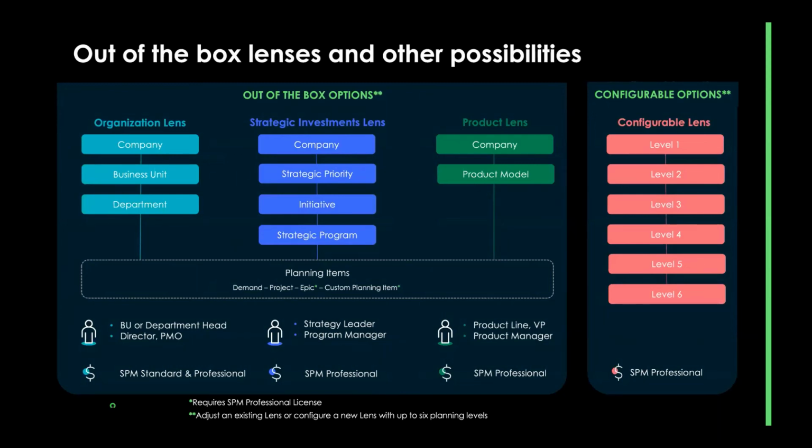It's really what I want to consider a more flexible way to do groupings, right? And so you've got the traditional, like I said, mentioned the lens on company, business unit, department for more traditional. But strategic lens and product lens are available in 5. There's also a lens over here that's a configurable lens. You can structure your own lens, right? And there'll be more lenses going forward. As we go forward and expand, there'll be more lenses we'll provide.